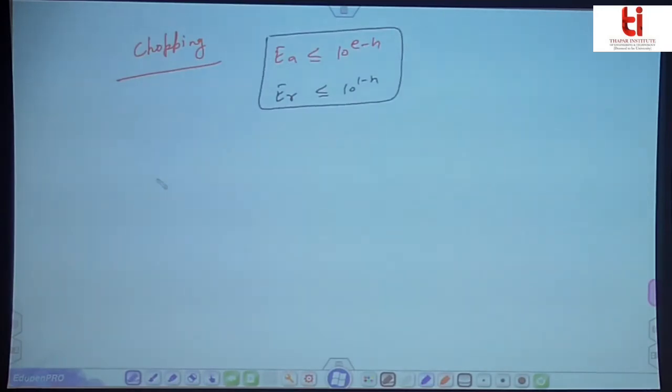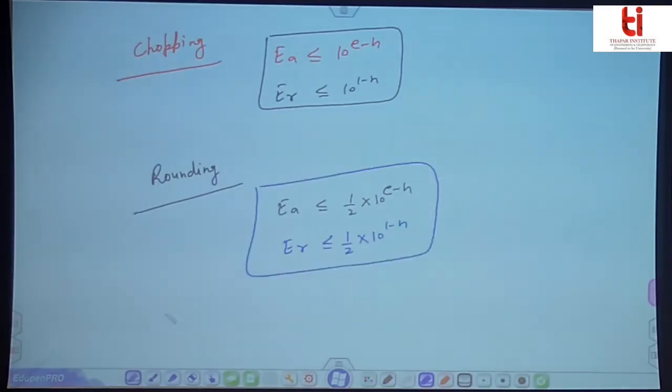In rounding, absolute error is less than equal to 1 by 2 into 10 raised to power e minus n, and relative error E of R is less than equal to 1 by 2 into 10 raised to power 1 minus n.